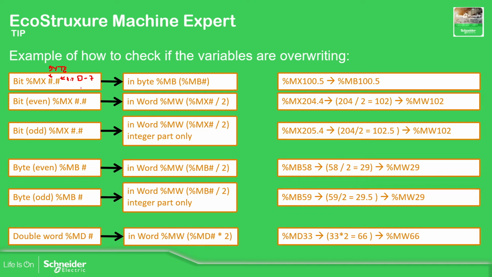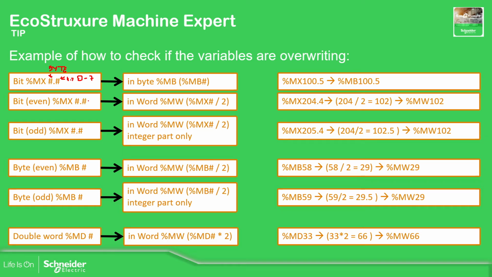This is how you can define the bit. Now, if I want to know which is the byte, imagine that you want to check the notation and everything, you just need to use the byte, and that's all. So this is how you can name it.